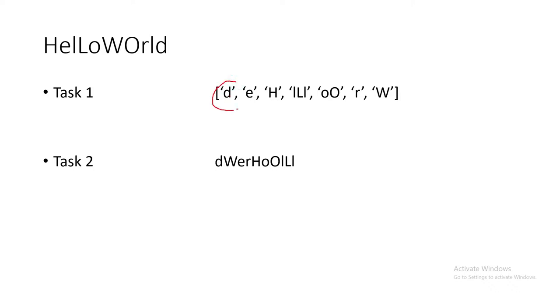First is take this element, make a new string. Of course we'll make a new string, I'll call it an empty string. In the while loop, if the length of this list is not empty, we'll take the first element, append d. Now the list will be this.